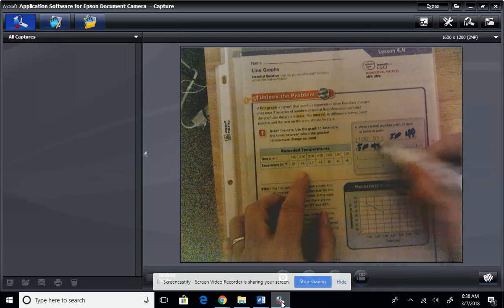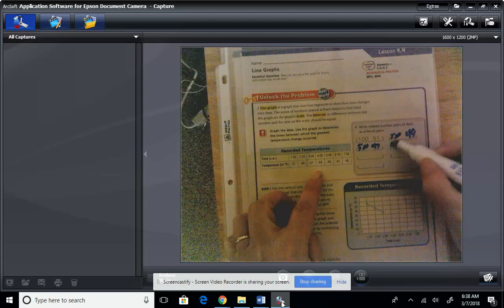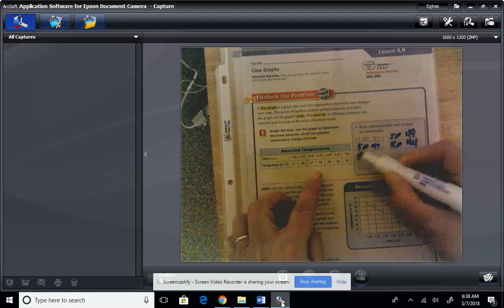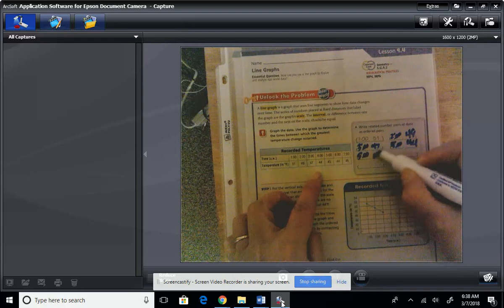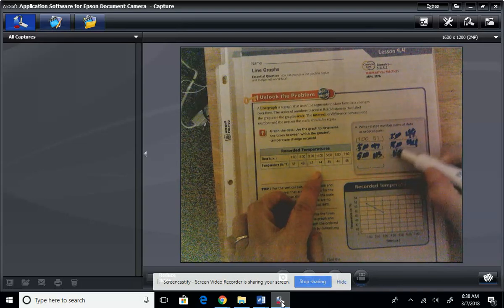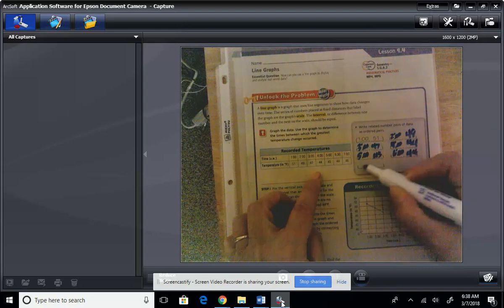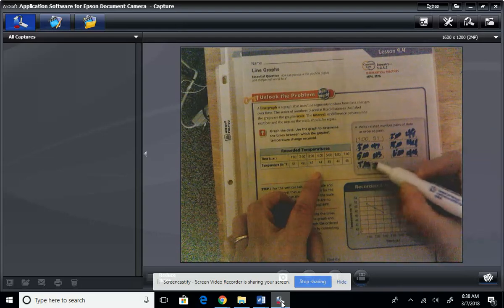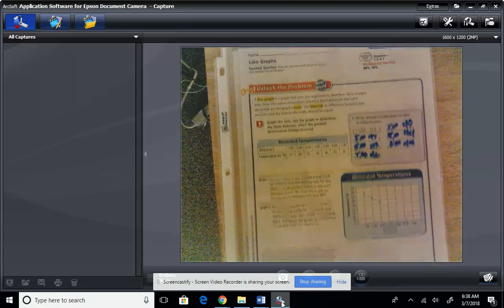Please be filling these in. Okay, now that you have your ordered pairs all filled in, I hope you're filling yours in because you can't read mine.